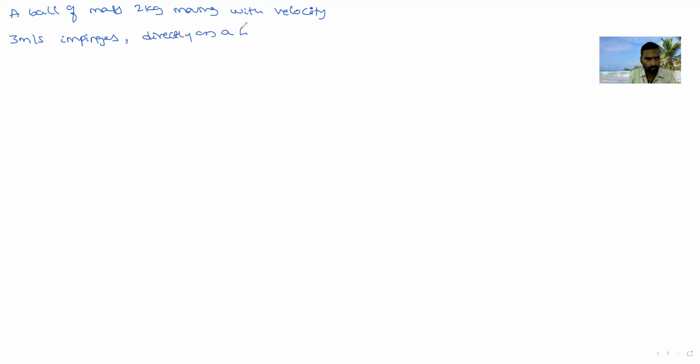A ball of mass 2 kg moving with velocity 3 meter per second impinges directly on a ball of mass 4 kg at rest.